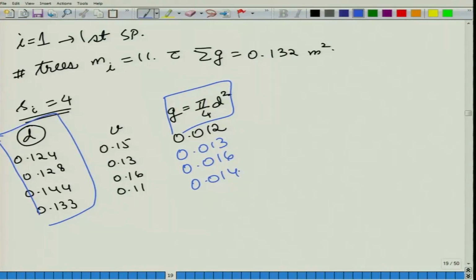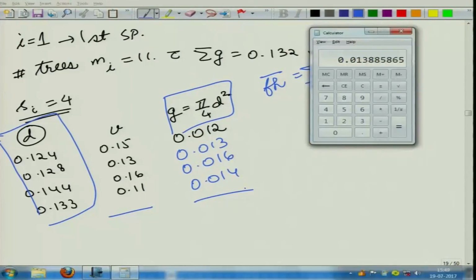Now, the form height, or the mean form height in this case, is given by the sum of the volumes divided by the sum of the basal areas. So, how much is the sum of the volume and how much is the sum of the basal area?